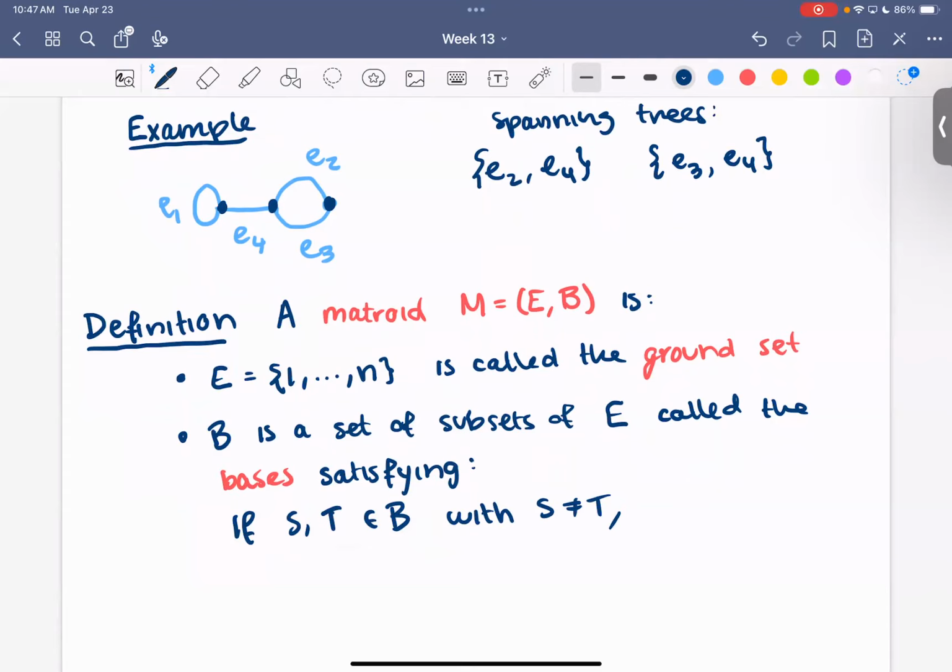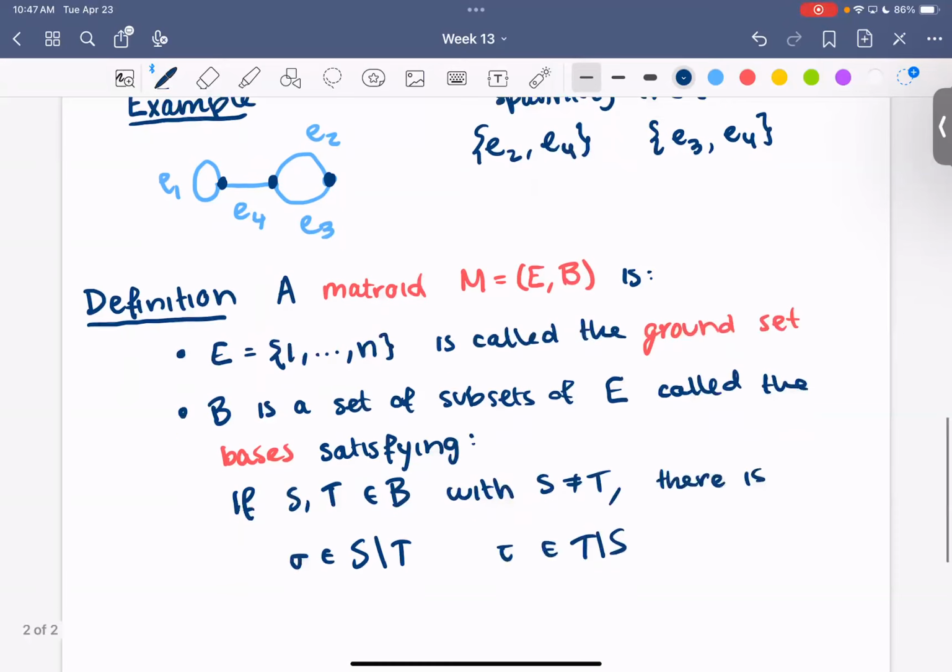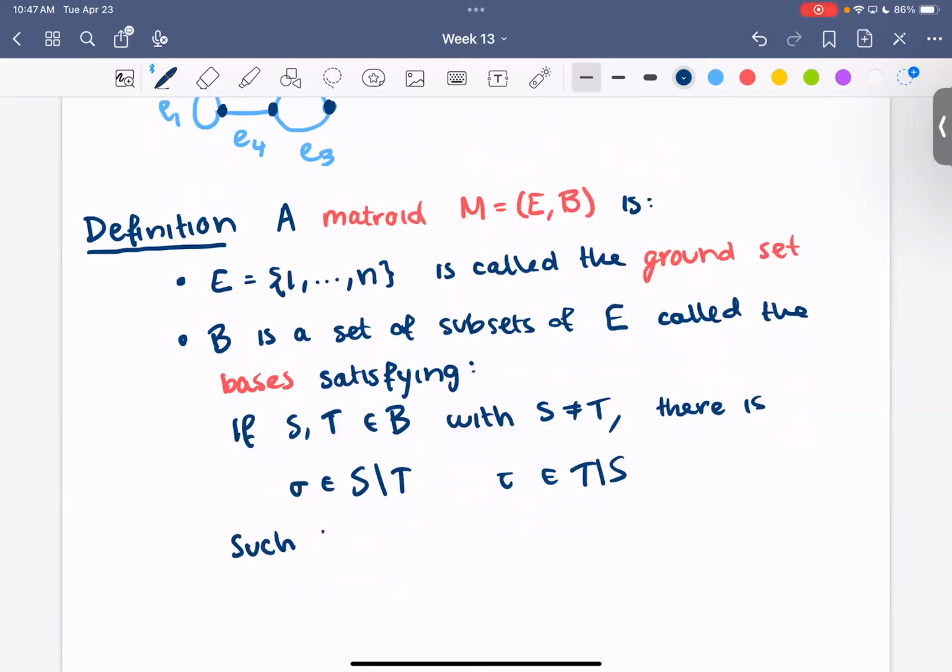So if I have these two bases, then there is a sigma in S minus T and a tau in T minus S, such that S minus sigma plus tau is a basis.